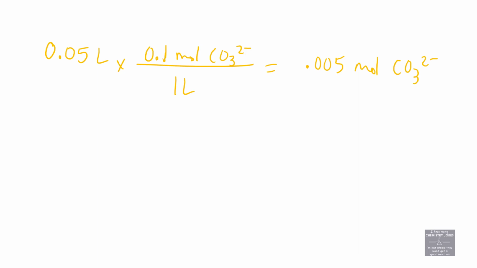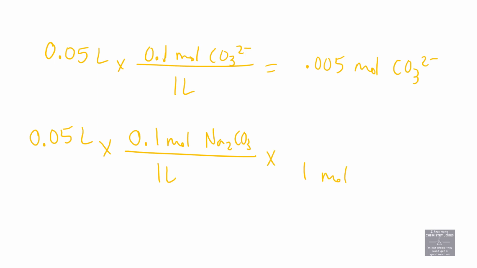I should say it's officially proper to do the whole conversion this way. It's 0.1 moles of sodium carbonate per 1 liter, and for every 1 mole of sodium carbonate, you get 1 mole of carbonate.